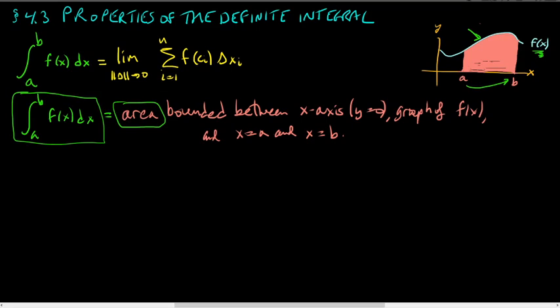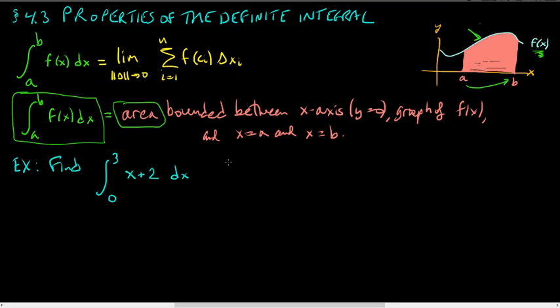And so we can actually do this for some very simple regions. So for example, all right, let's find the definite integral from 0 to 3 of x plus 2 dx.